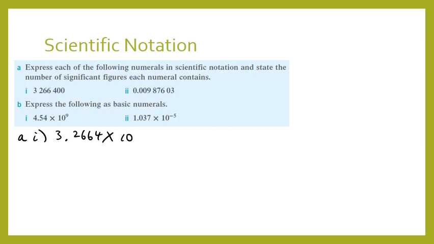Then you want to say how many times you've moved it. If it's not a number less than 1, then you would be leaving this as a positive power. So the first one you've moved it 1, 2, 3, 4, 5, 6 times. So you get times 10 to the power 6.